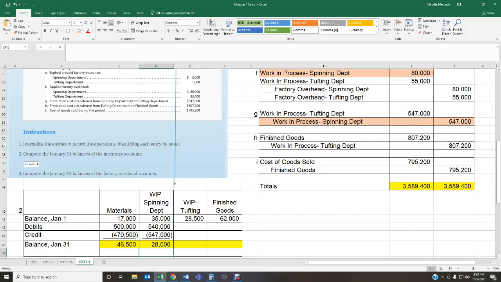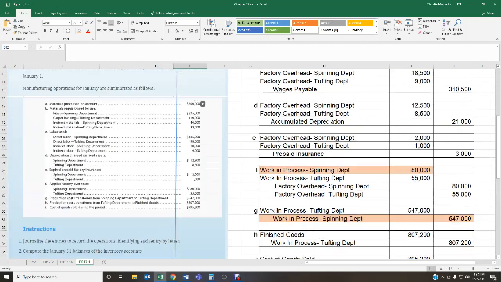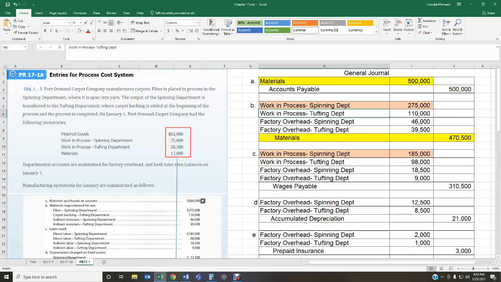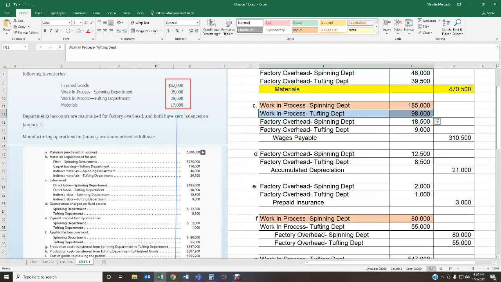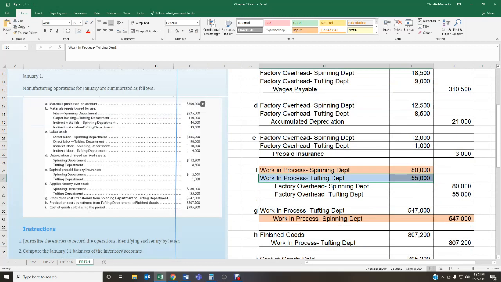Now we're looking for work in process tufting, and we're looking for the debits first. Work in process tufting, that's a debit, right there. And then work in process tufting right there, okay?